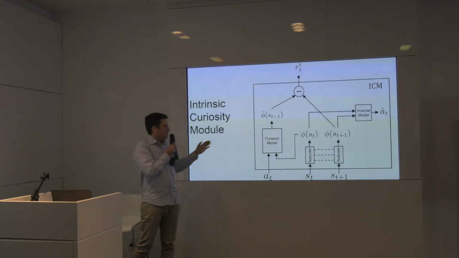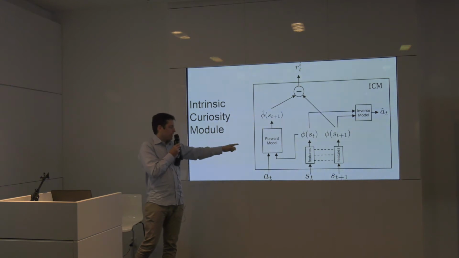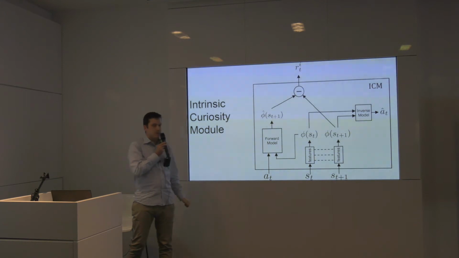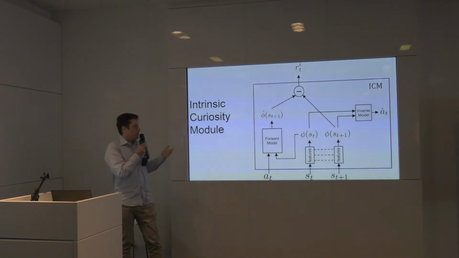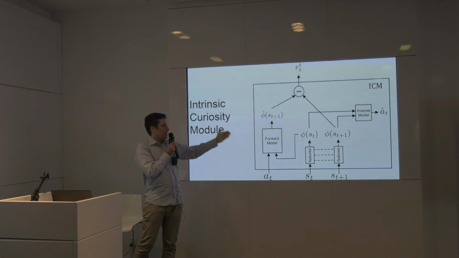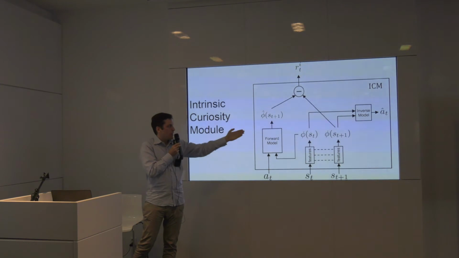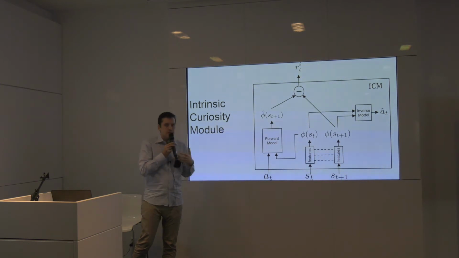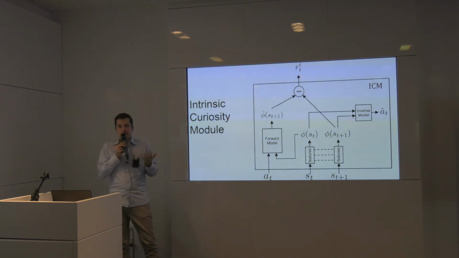But there is also a forward model which takes an action, takes the current features, and tries to predict these features. So one model tries to simply predict those features, and another one asks whether it's an interesting action or not. And if those features differ, the features from the forward model and the features from the state, then we say that it's interesting.